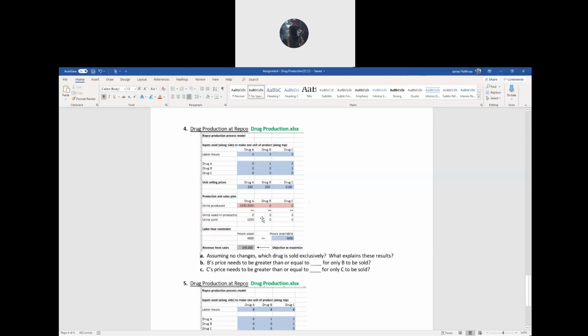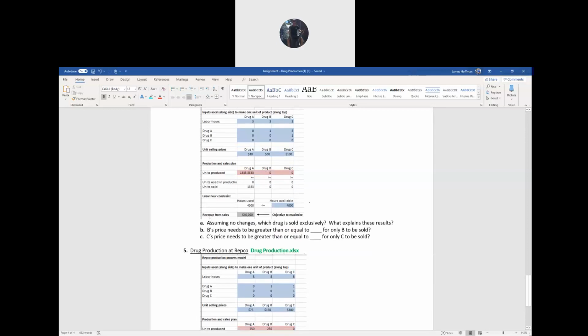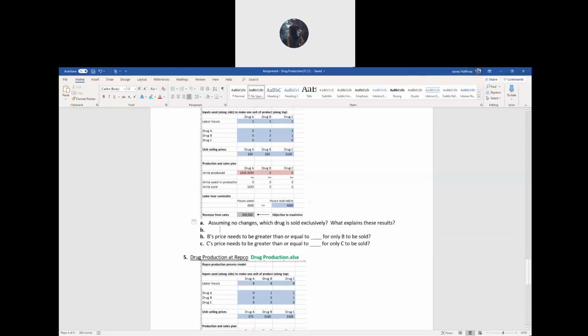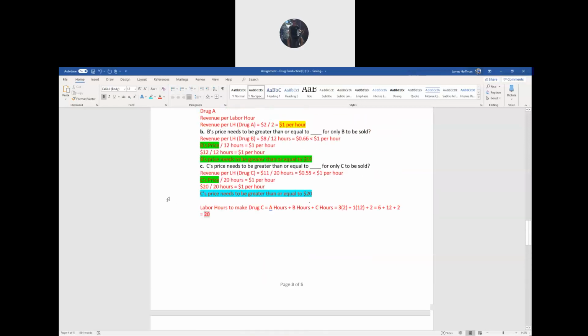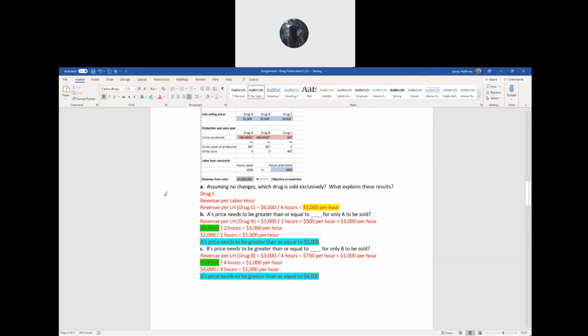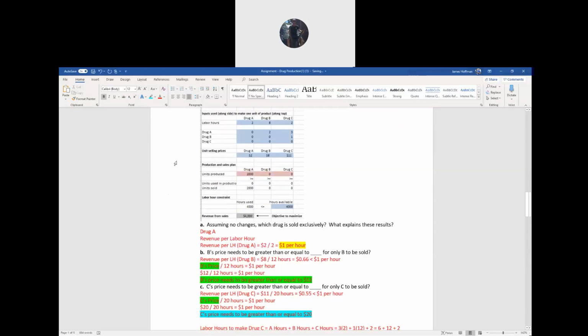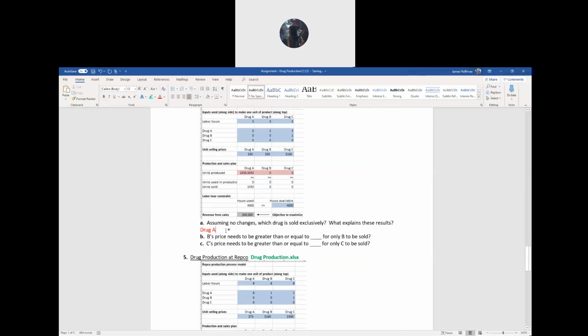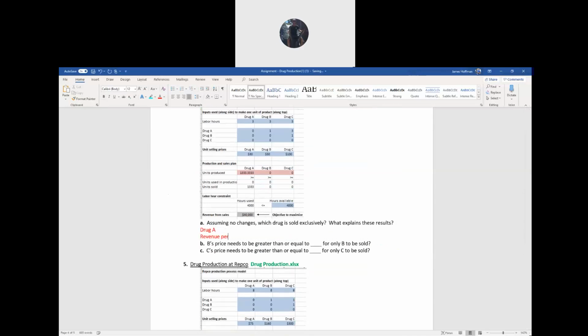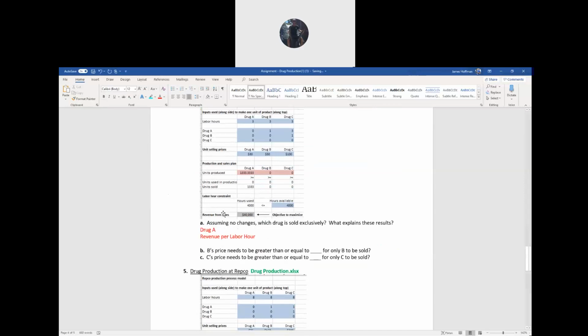No drug C's, no drug B's, just drug A. So it's drug A, and revenue per labor hour explains that.